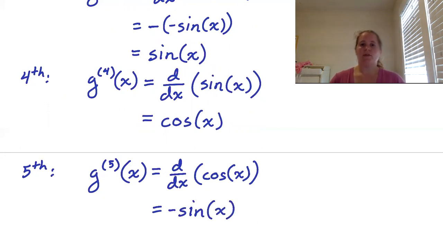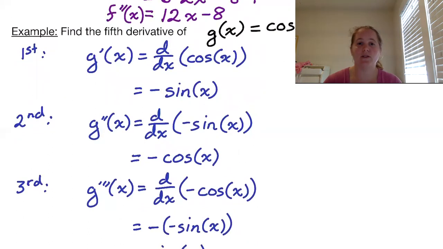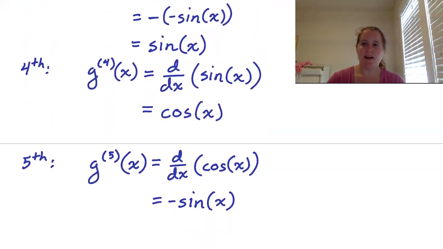So if we look through these, we started with cosine as our function. Then went to negative sine, then negative cosine, then positive sine, then positive cosine, then back to negative sine. And so as we take the derivatives, we're just going to cycle through these four possible functions.